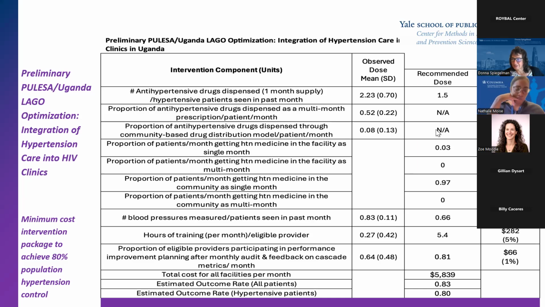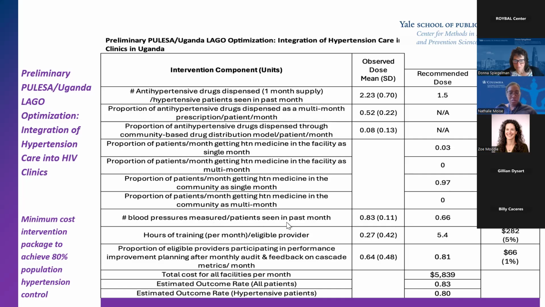It's also saying not to dispense in the community. It's saying that basically most patients should be getting their medicine in the community as a single month supply, and that a small percentage can get it in the facility.